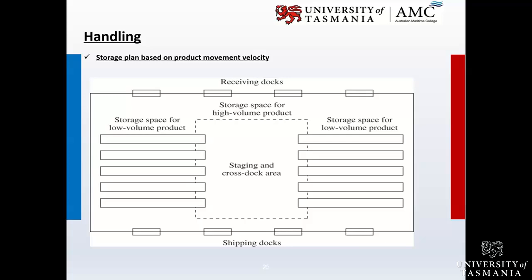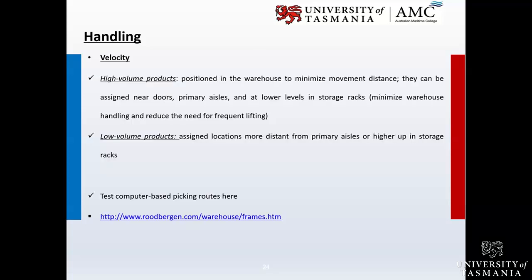In the middle part, you can find the storage space for high volume products. They are close to the doors and primary aisles. But the storage space for low volume products can be assigned to locations more distant from primary aisles or doors. So different locations for high volume and low volume products.